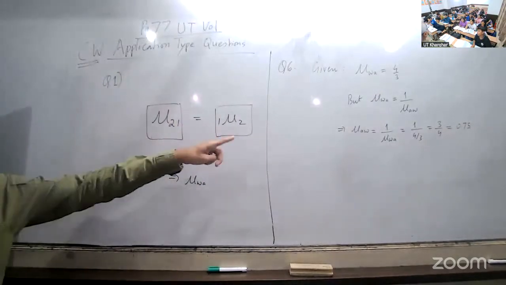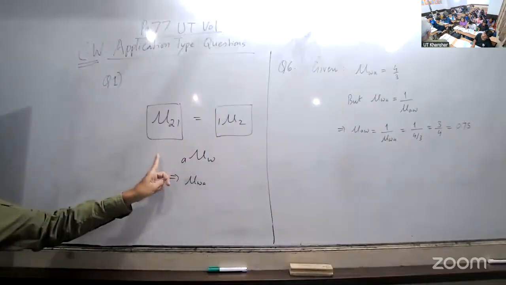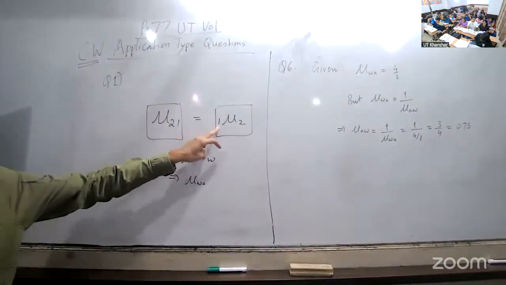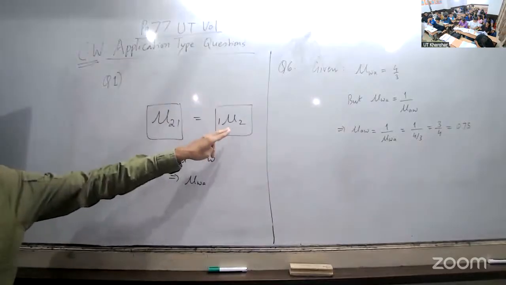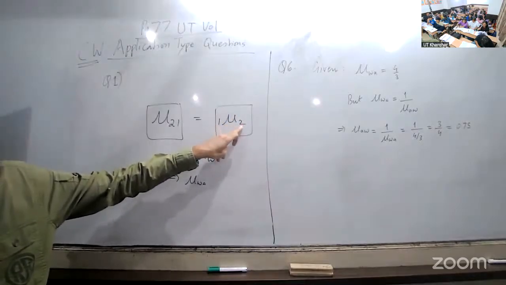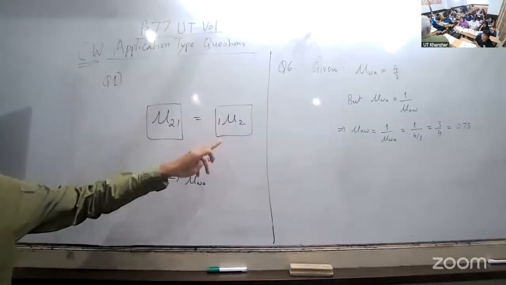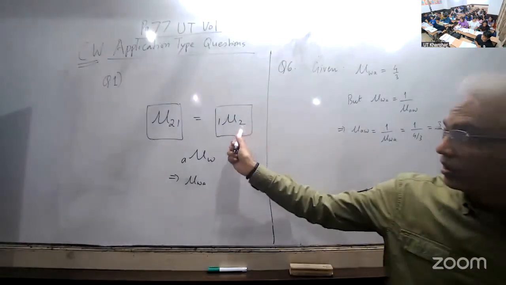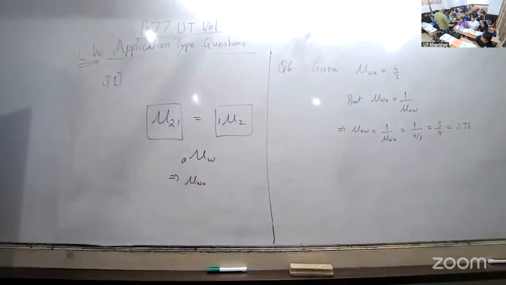There is no difference between these two. Just the incident medium is written first. But you still read it as refractive index of the second medium, the refracting medium, with respect to the first medium. These are interchangeable, just a way of expressing. Clear?